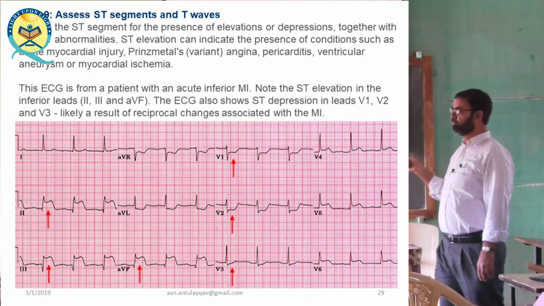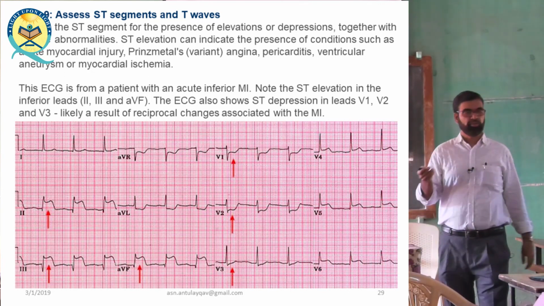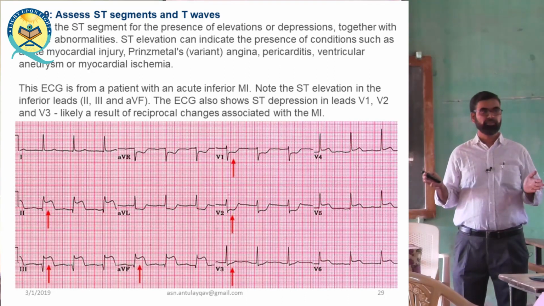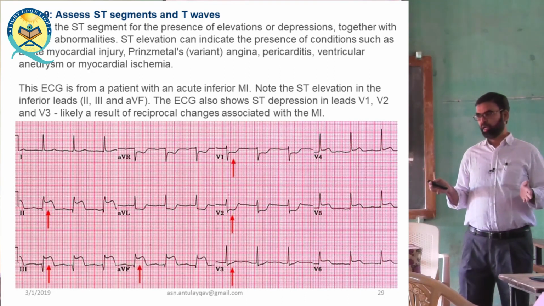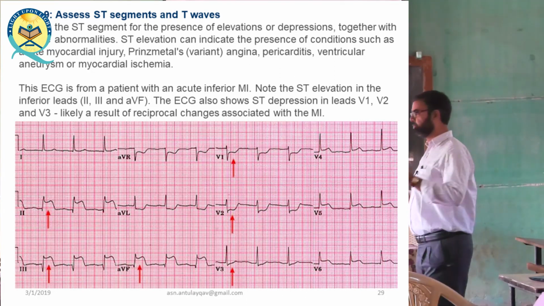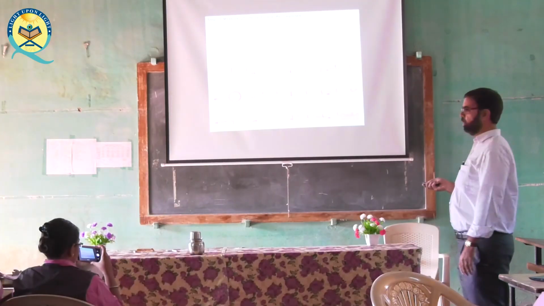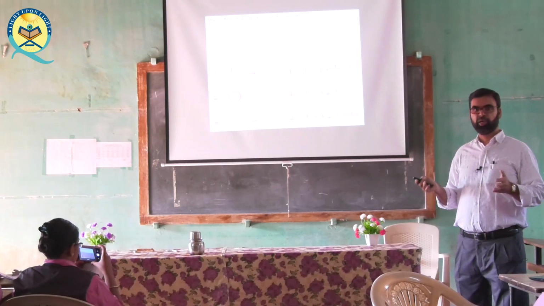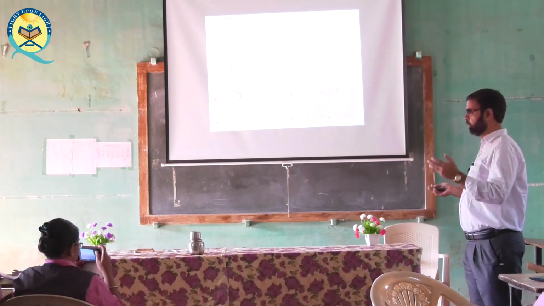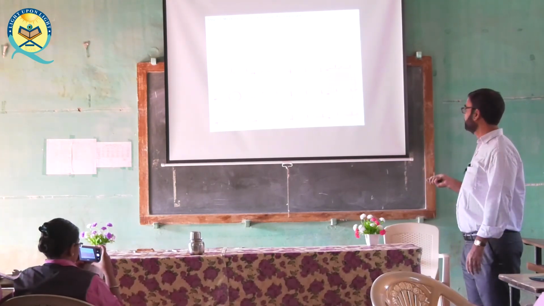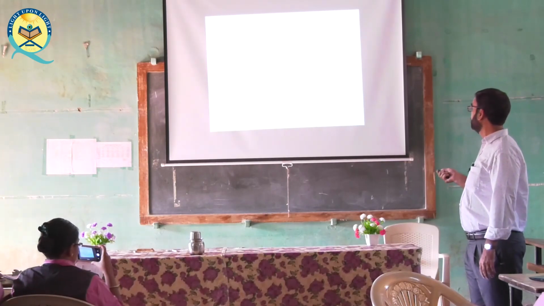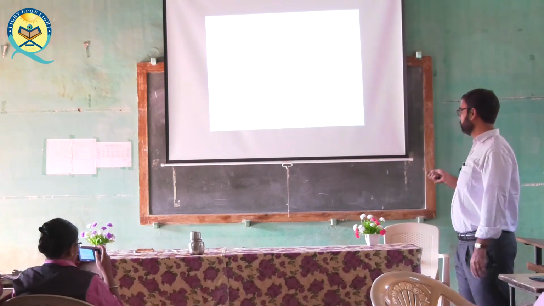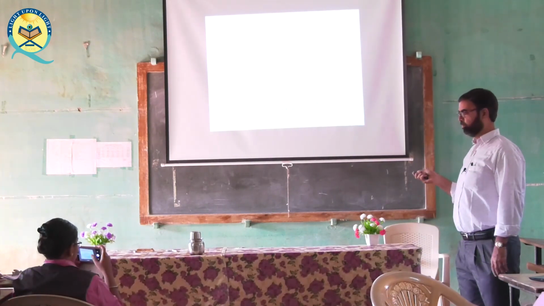QT interval, I talked of. The normal QT interval should be less than 0.40 second or half of the RR interval. Prolongation indicates either hypocalcemia, hypokalemia, or myocardial infarction, acute myocarditis, etc. These are all normal values that I have already said.